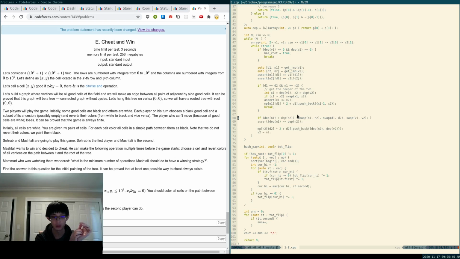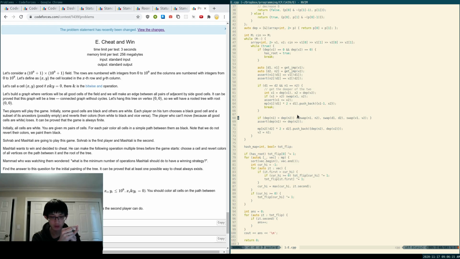For each node you consider a good path that goes from it to some other node, and this good path must end at this node.